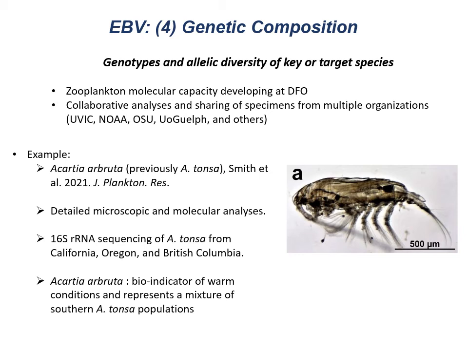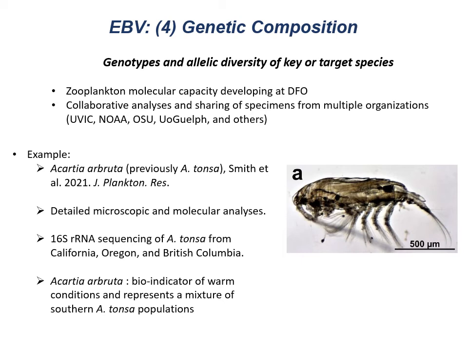So a good example is work done by Julian Smith and several members of our group in a paper that was published earlier this year, and it documented the abundance and distribution of Acartia tonsa, which is a warm water copepod on our coast. And this study took advantage of both detailed microscopic and molecular analyses using 16S rRNA sequencing for specimens from California, Oregon, and British Columbia to characterize the local genotype as being a mixture of southern populations.